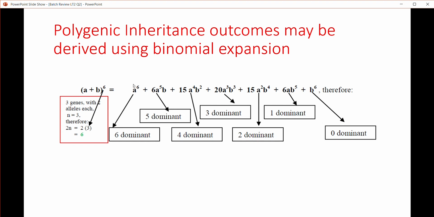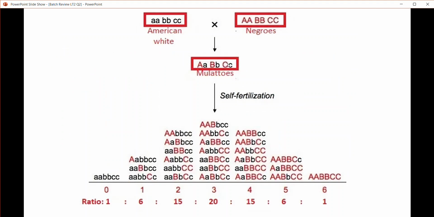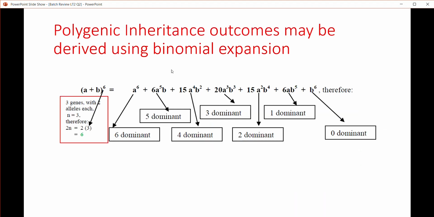So if you have 3 gene pairs, like the example that we have a while ago, this will be 3 gene pairs resulting in 1, 2, 3, 4, 5, 6 alleles. Then you will have (a + b) raised to the 6, and that will have a binomial expansion with coefficients 1, 6, 15, 20, 15, 6, and then 1.